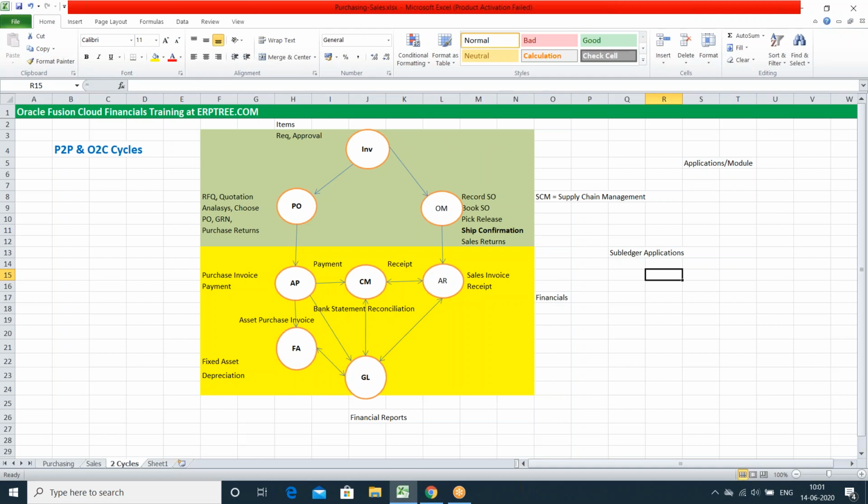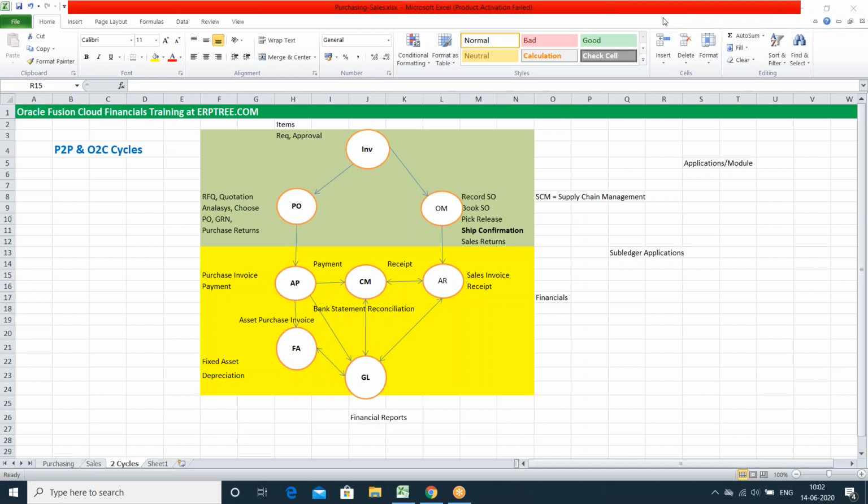Lakshman, even though we are doing the financials, any client using Oracle Financials should have supply chain also, right? Because without PO, there is no AP. Without OM, there is no AR, correct? It is not mandatory, but most of the clients who are going with Oracle Fusion Financials will go with SCM also.